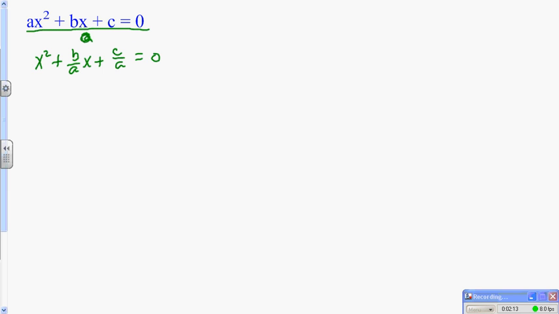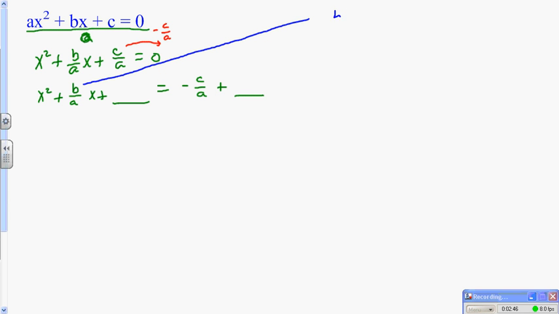Now as before, we're going to move the c over a to the right side by subtraction. That will give us x squared plus b over a x plus something new equals negative c over a plus something new to balance the equation. Now we have an x coefficient of b over a. We're going to use that to complete the square.